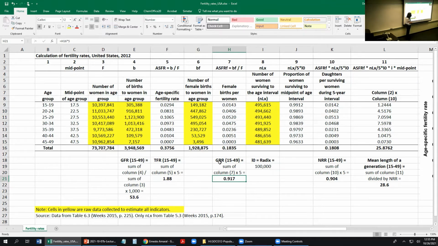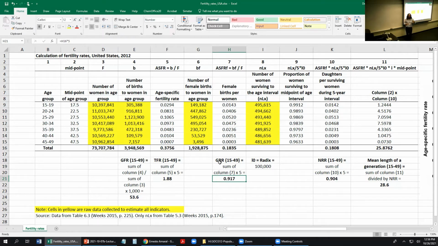And remember, in the total fertility rate, we are counting boys as well. So these children will be replacing both the father and the mother. But because some of these women will die before they reach the age of 49, they will not experience all these age-specific fertility rates to have children.